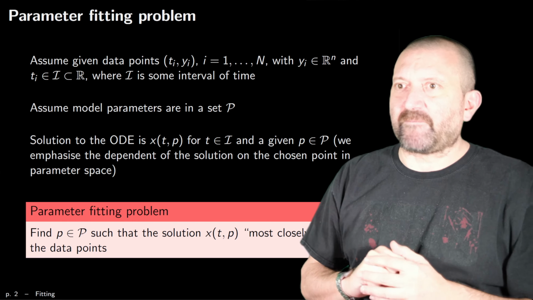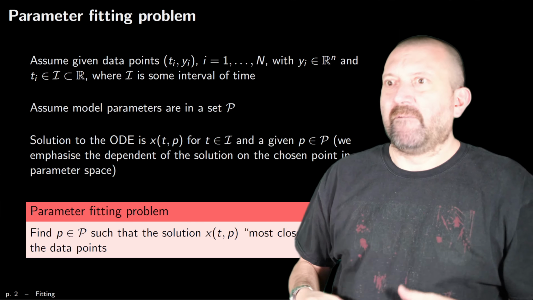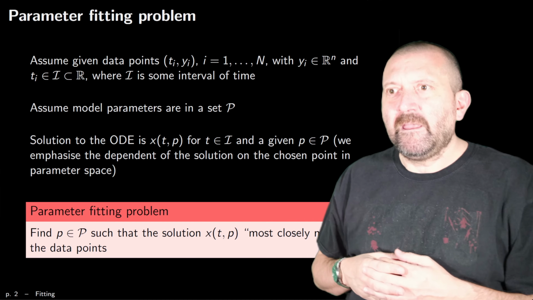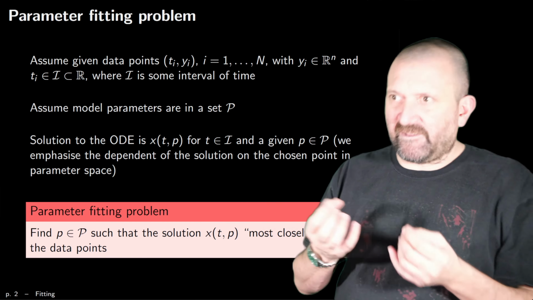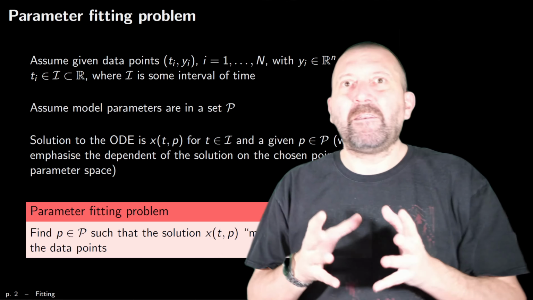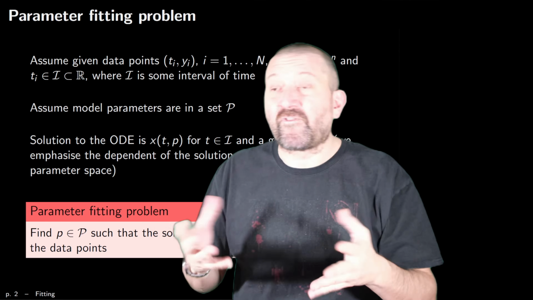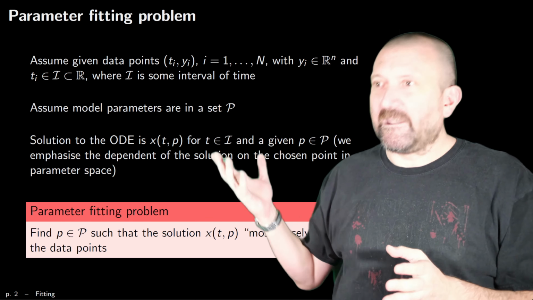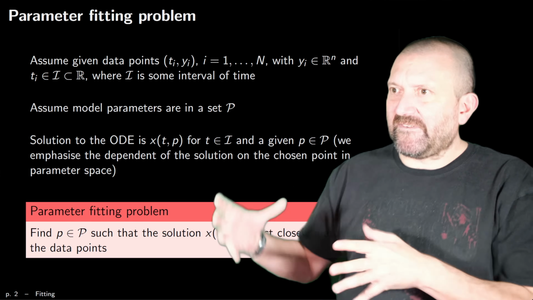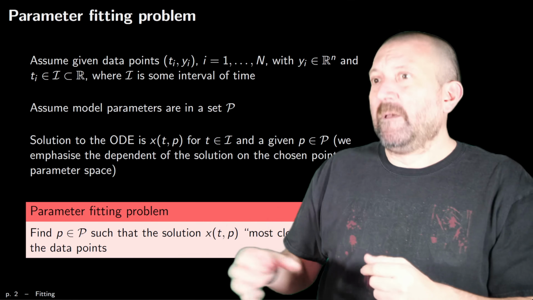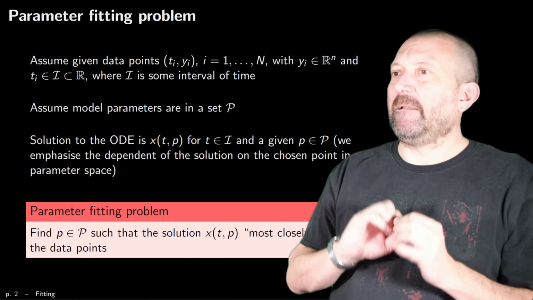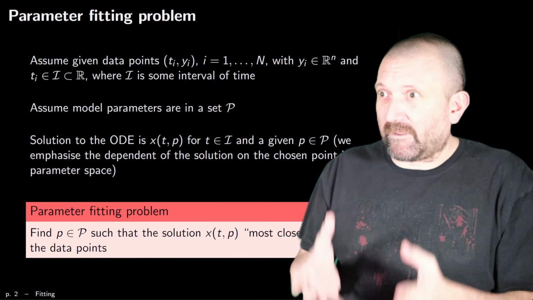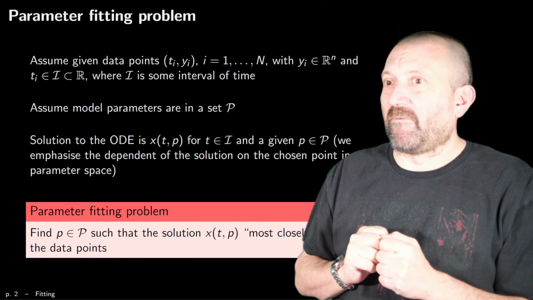What's important is that we are going to have model parameters. They're going to belong to some set that we're going to denote curly P. And to emphasize that the model solutions depend on these parameters, we're going to write x(t, p), the solution at time t of the model given a point in parameter space, so a given set of parameter values for the model.